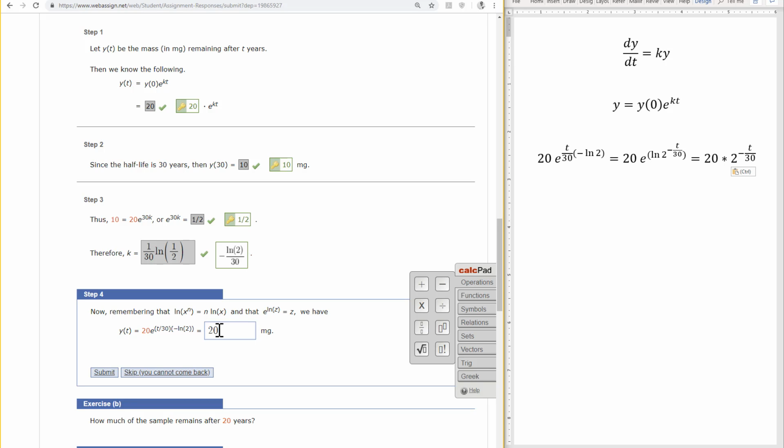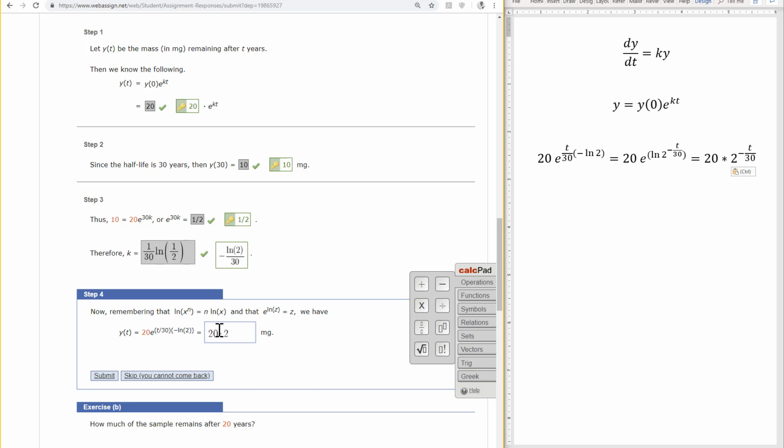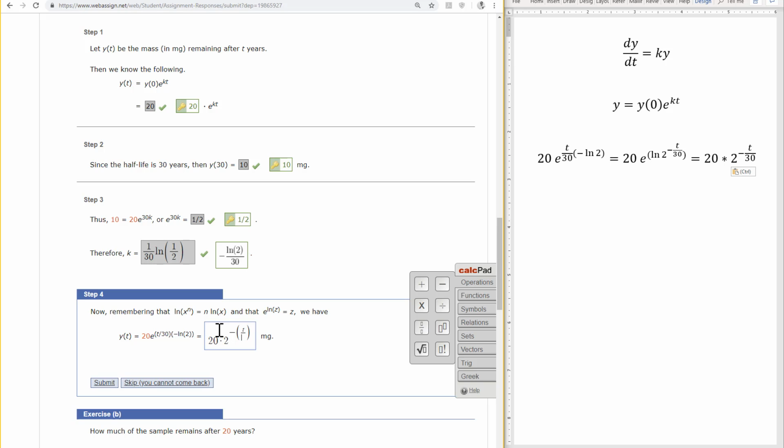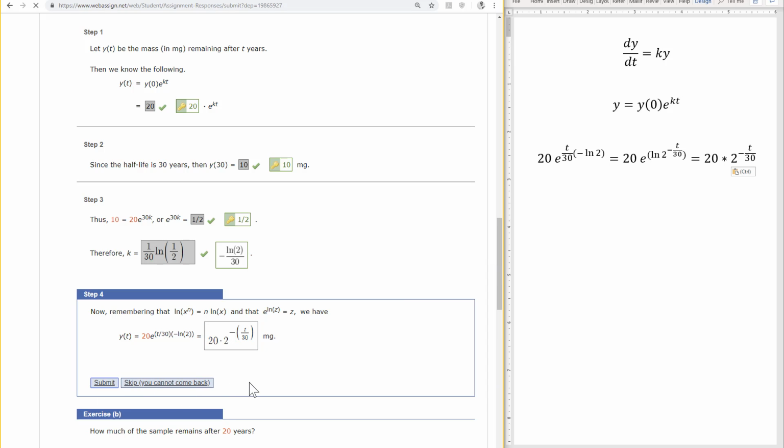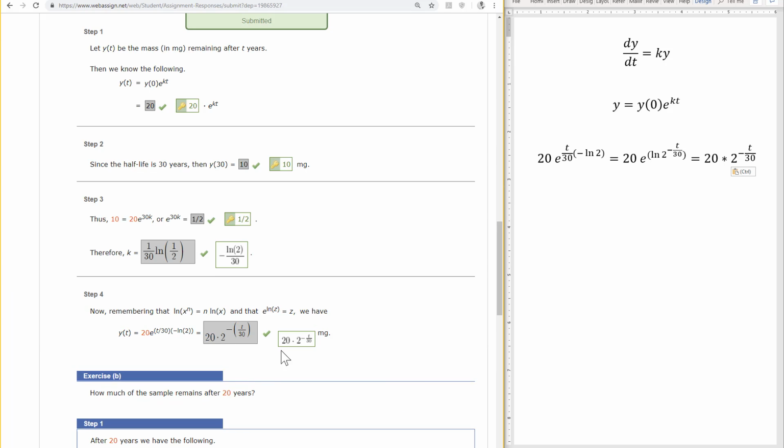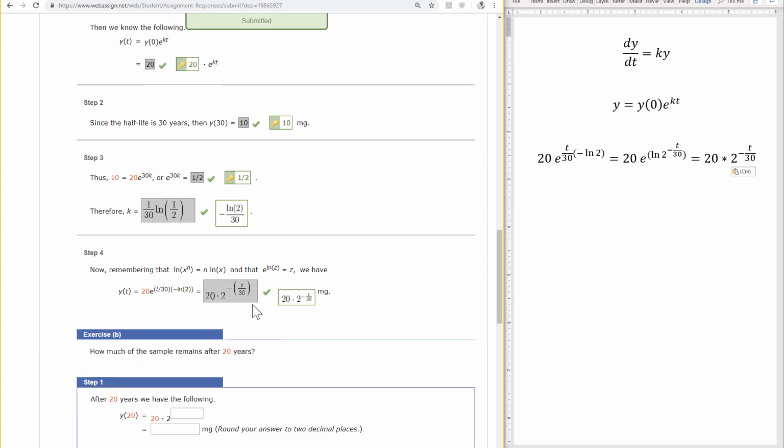That's 20 times 2 raised to the power negative t over 30. Okay. So that is the function that describes the amount of mass that's left after time t.